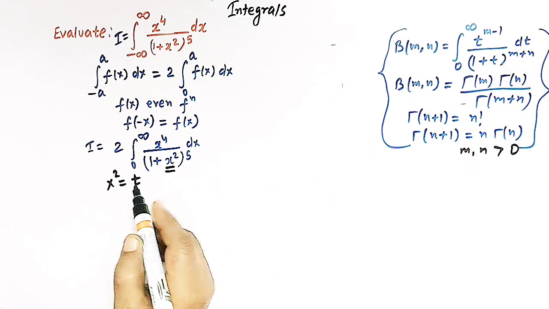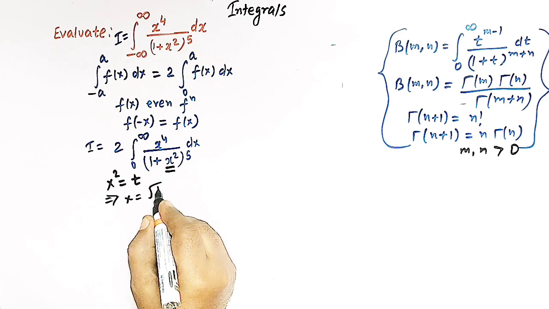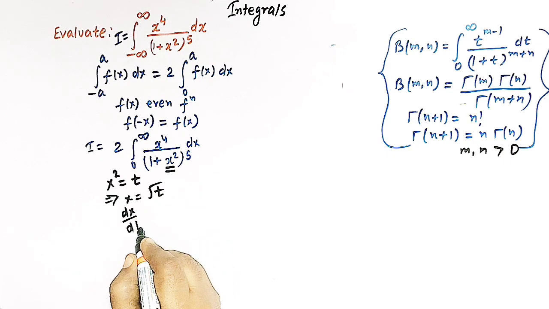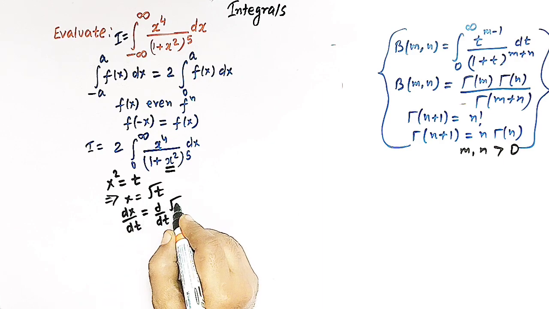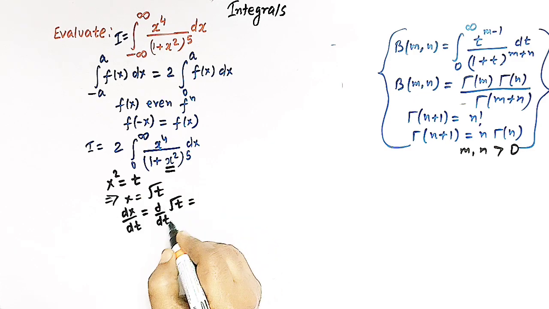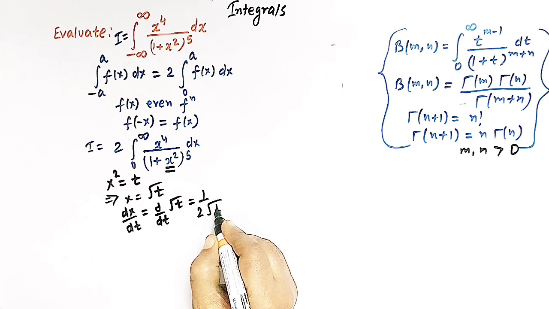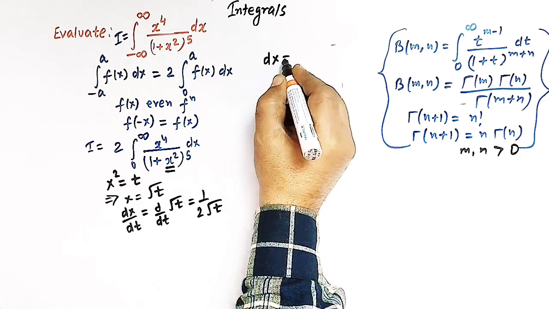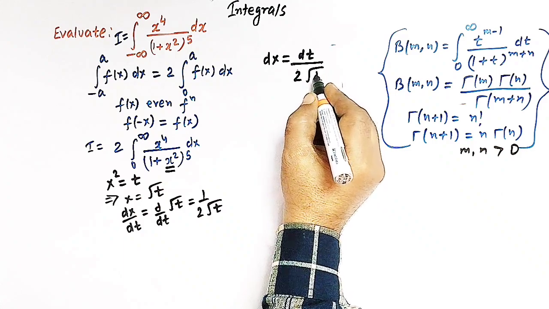So x square is equal to t, which implies that x is equal to square root of t. Now let us differentiate x with respect to t. So dx over dt is equal to d by dt of square root of t, and the derivative of square root of t with respect to t is 1 over 2 times square root of t. So now we can write dx is equal to dt over 2 times square root of t.